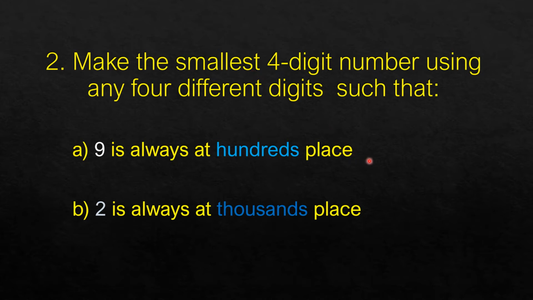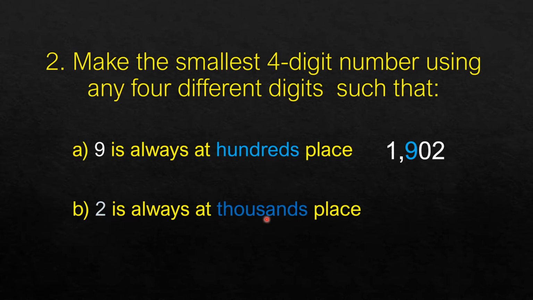So first we think 9 is in hundreds place and the smallest digit will be 0. But in a four-digit number we should not write 0 in thousands place. So the number is 1, 9 is in hundreds place, the next smallest, then next. So 1902.